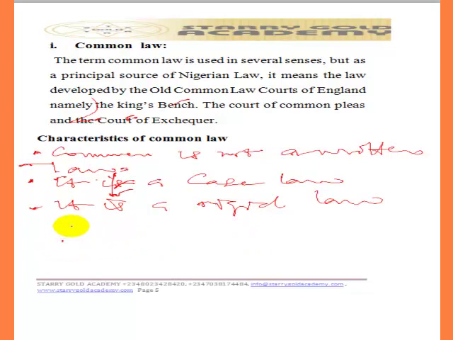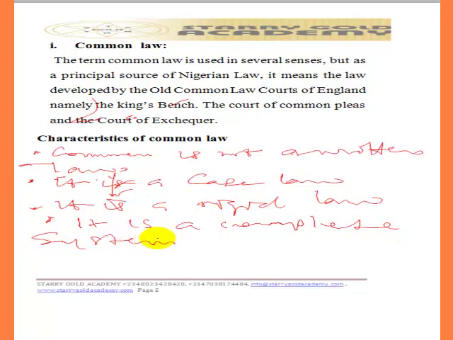Another characteristic of common law is that it is a complete system. A complete system means that it is able to give answers to so many questions.